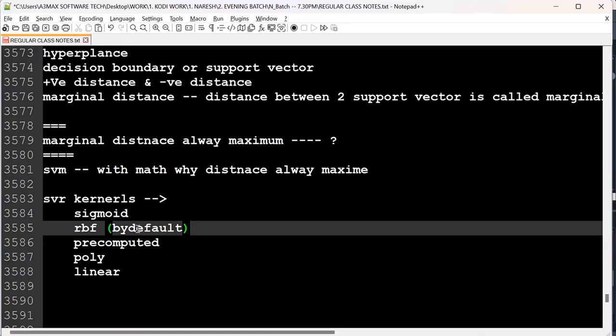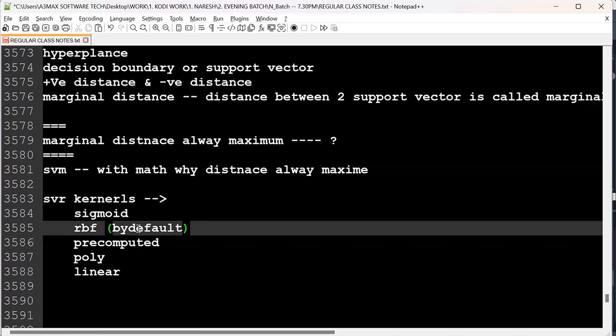The math part we finish, then the maximum margin plane we discuss in SVM, and then we work on a practical. For the practical, we fit this model on the same data set we used yesterday, and we compare polynomial regression accuracy versus SVR accuracy. That's what we're going to do.